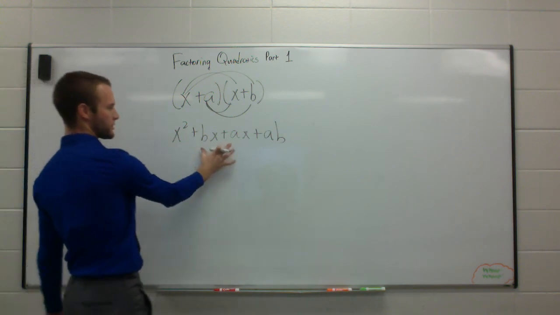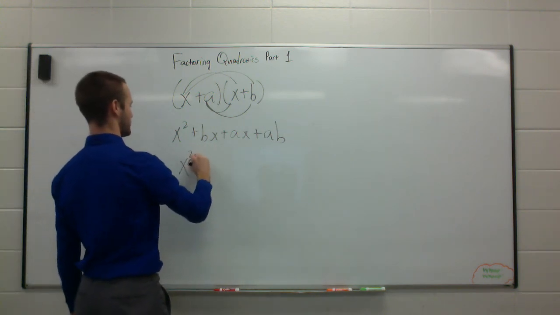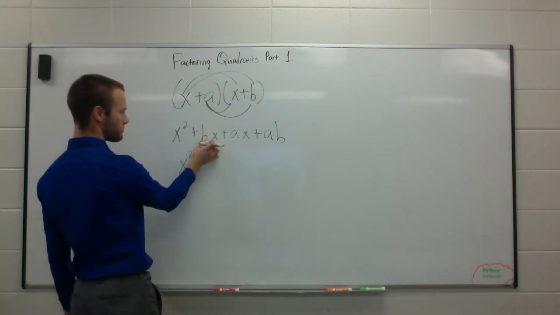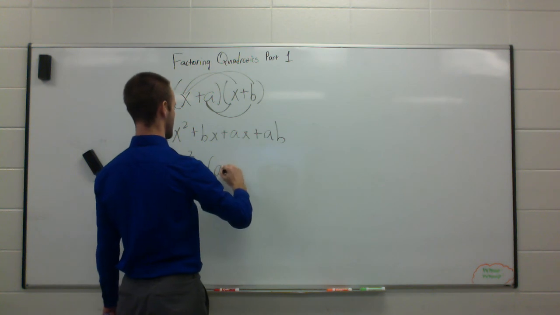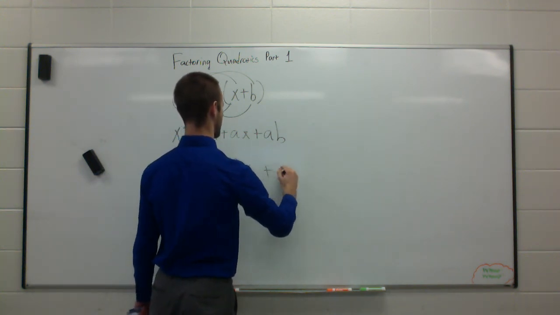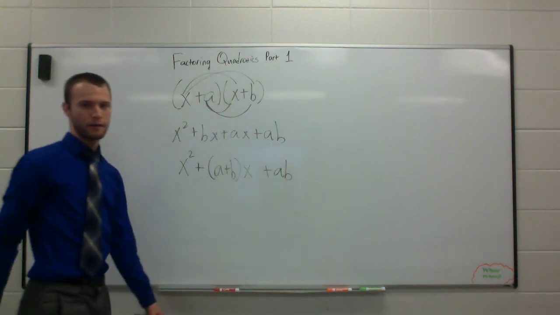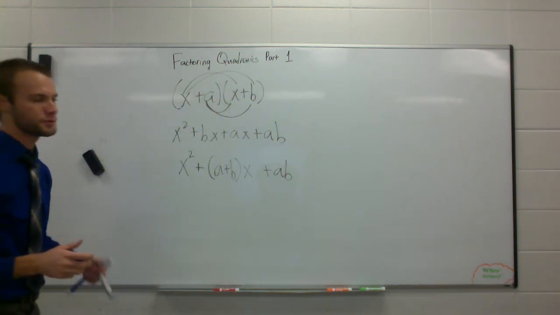And then bx plus ax, you might not quite see how to combine those, but altogether we have a total of a plus b x, right? So a plus b x plus ab. Now this is the most general case because we used only variables.